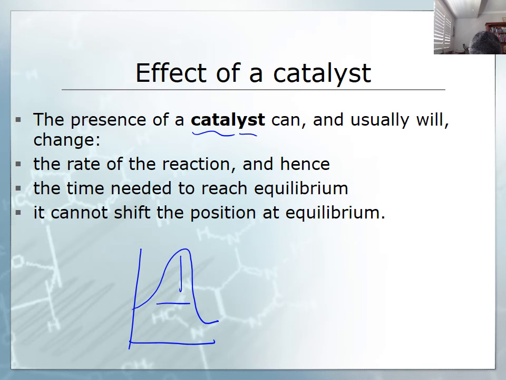You remember, this is the energy of activation, and the catalyst comes in and lowers that activation energy. So this here is the new energy of activation, and therefore the reaction is going to occur much more easily, and this is with the catalyst.